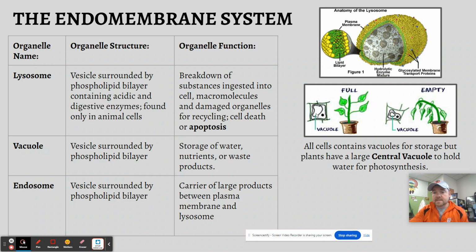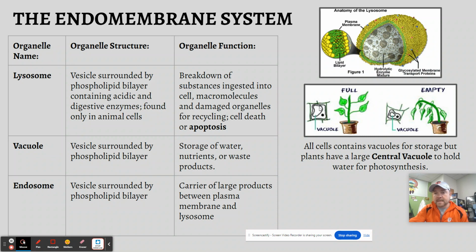Now, water is necessary for photosynthesis. And so every cell that's going to do photosynthesis needs to have water readily available. You want it right there in the cell. So the central vacuole is kind of like a water tower, a water reservoir for the plant cell. You take water in through the roots, it goes up to the cells, and will swell the cell by putting it into the vacuole.